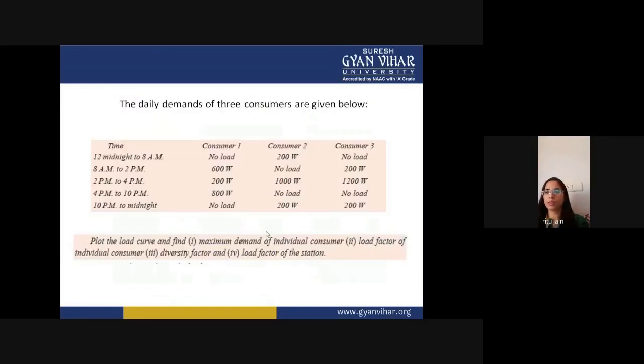So you can see that from 12 midnight to 8 a.m. this is 8 hours. From 12 midnight to 8 a.m. you require 200 watt load.